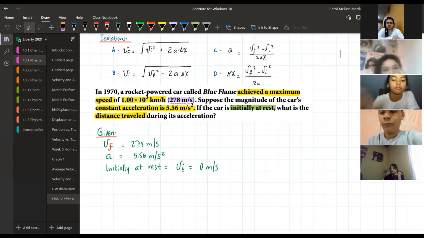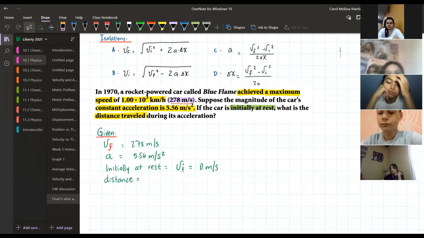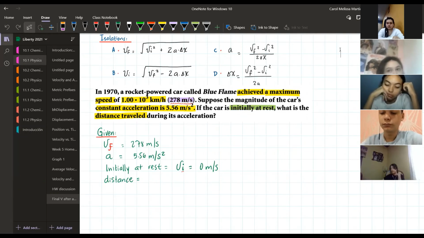And then they're asking you, what is the distance traveled? If I want to find the distance, what is it? Is it delta X, is it A, is it VI or is it VF? It's X, delta X. So delta X is going to be unknown. What equation are we going to be using?